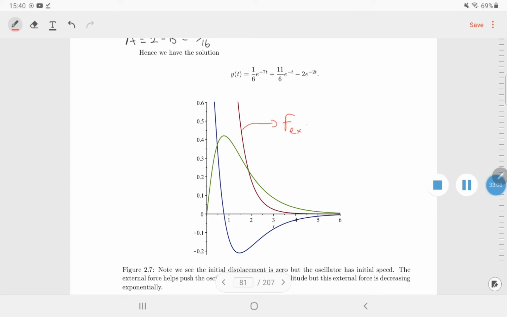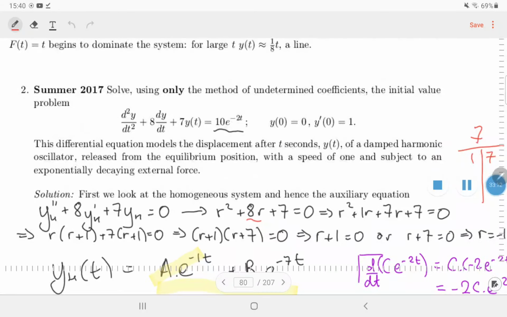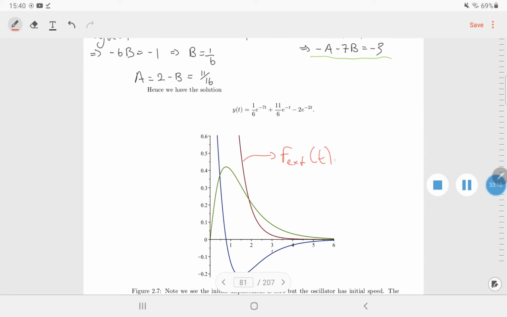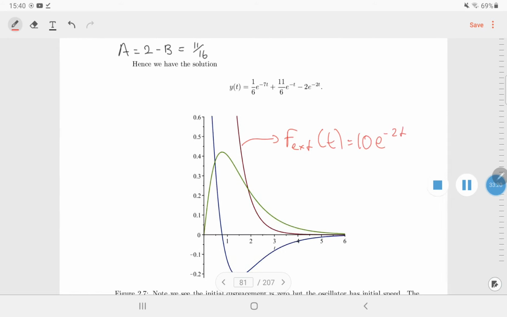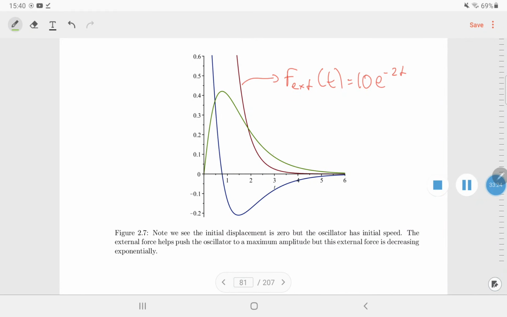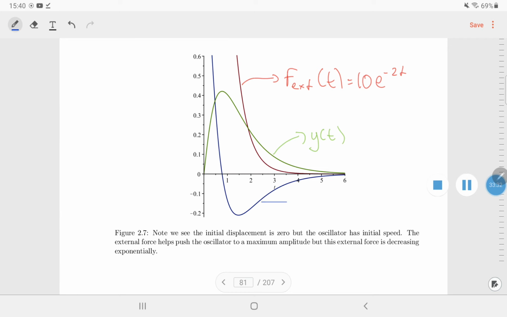What was the external force? 10 e to the minus 2t. So the external force is 10 e to the minus 2t. The green thing is the thing that was initially 0. That's the displacement, so that's the y of t. And then the blue thing is the velocity, the derivative.